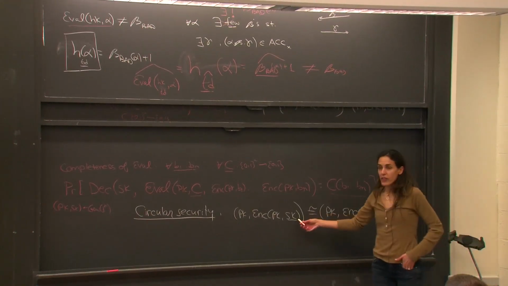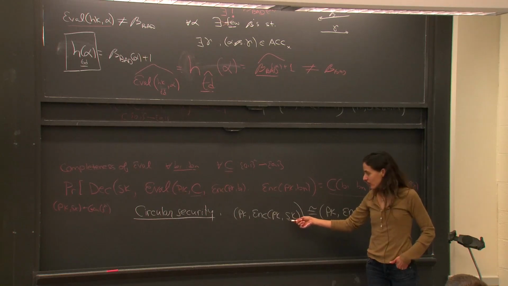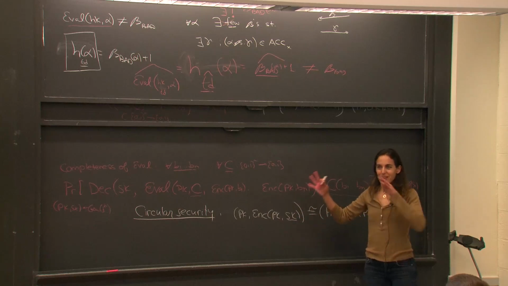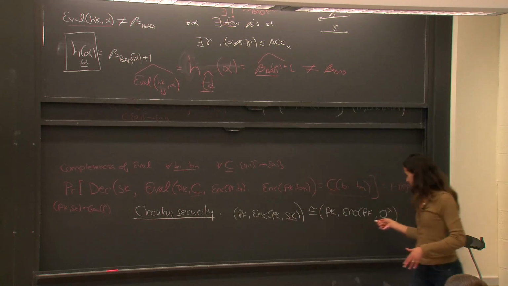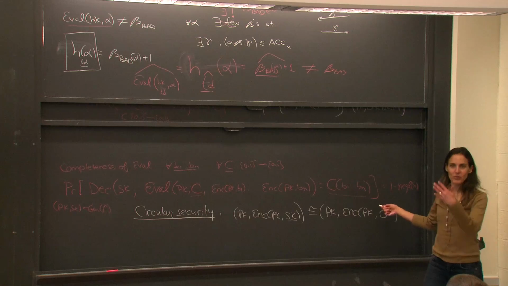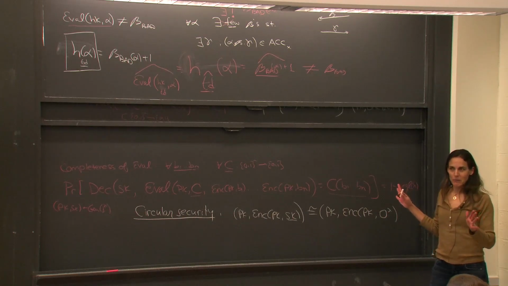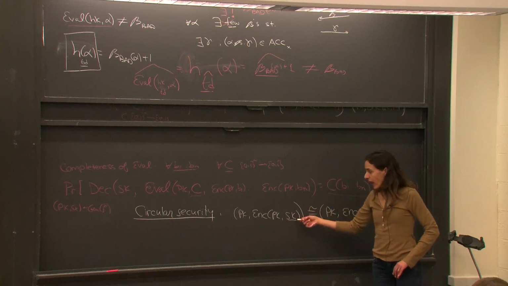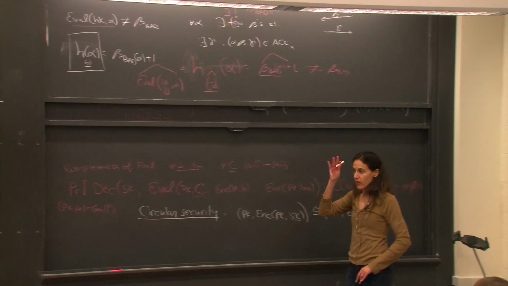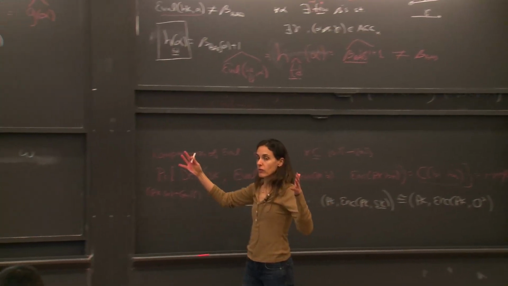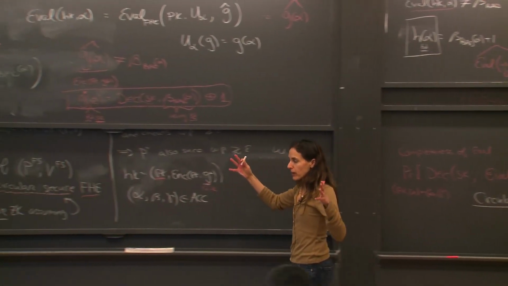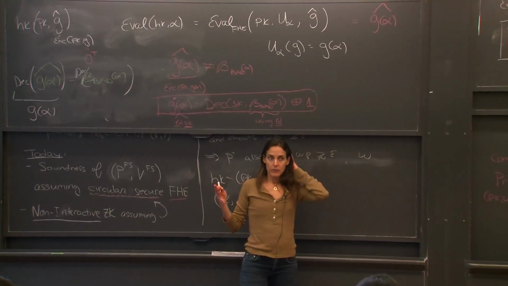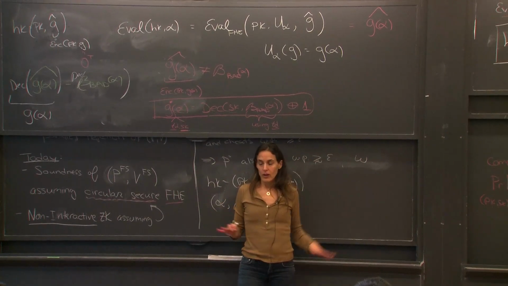If we think of bit-wise encryption, it's an encryption of the first bit of the secret key, the second bit, so it's like lambda encryptions. And this is also encryption of zero, encryption of zero, encryption of zero. We do everything bit by bit. And the assumption is that you have an FHE scheme so that you cannot distinguish whether these lambda encryptions, each one encrypting a bit, are all zero or whether they correspond to the bits of the secret key. So that's an assumption.